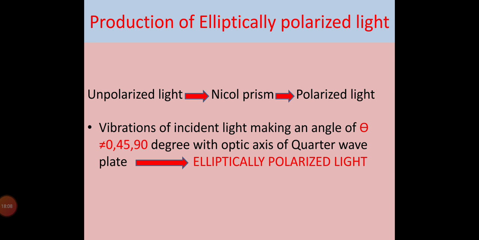And if this polarized light is made incident on the quarter wave plate such that the angle made with the optic axis is other than 0, 45 or 90 degrees, then the emergent light from the quarter wave plate will be elliptically polarized light, right? So for this case, we have to make sure that the angle theta is other than 0, 45 or 90 degrees in order to get elliptically polarized light.